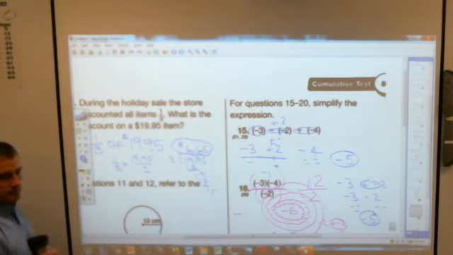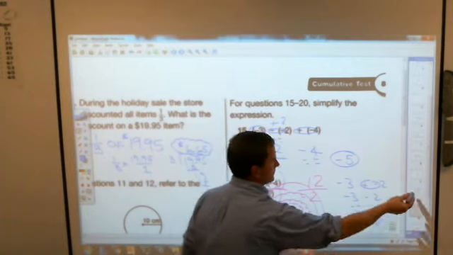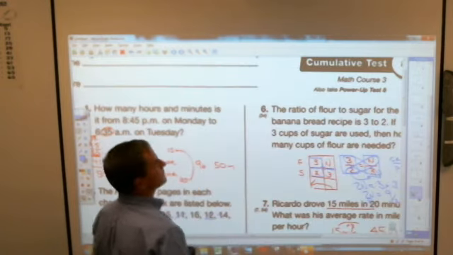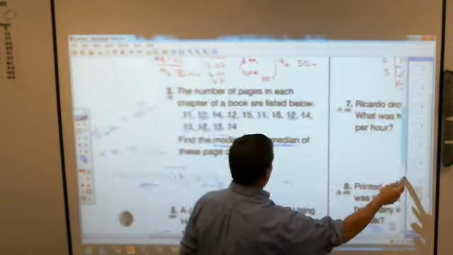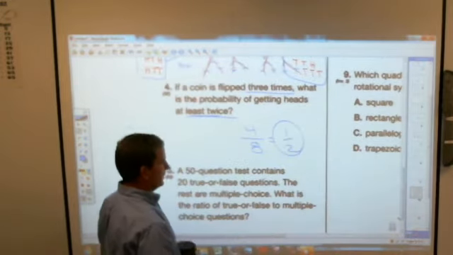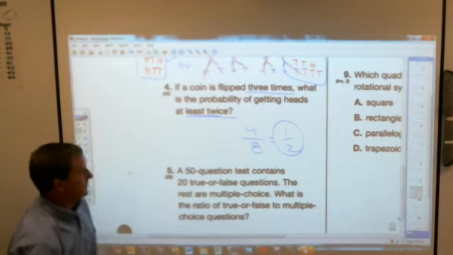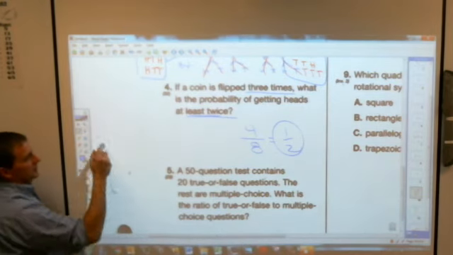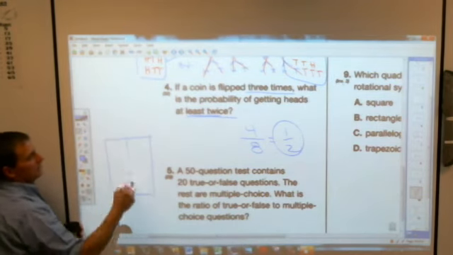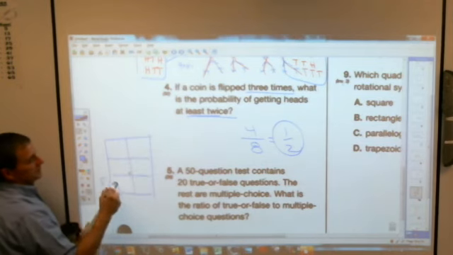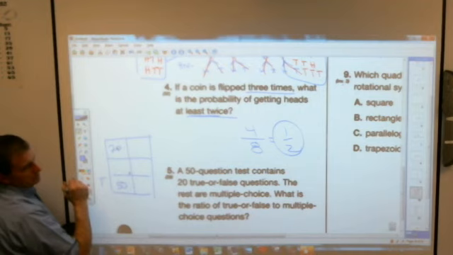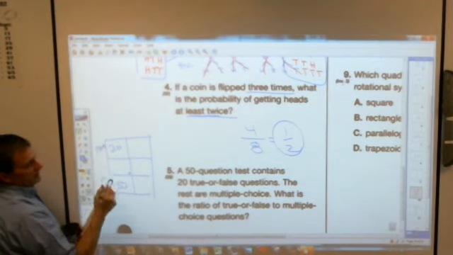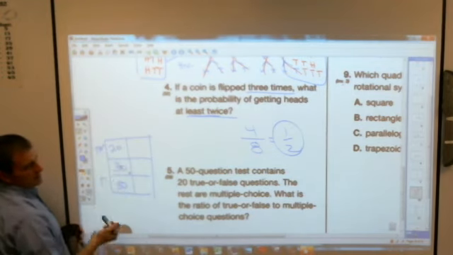Miller, with number 5, is it a 2 by 2 box or a 3 by 2 box? A 50 question test contains 20. I would make a 3 one, because they're giving you the total number of questions, which is 50, and 20 of them are true or false and the other 30 are multiple choice.